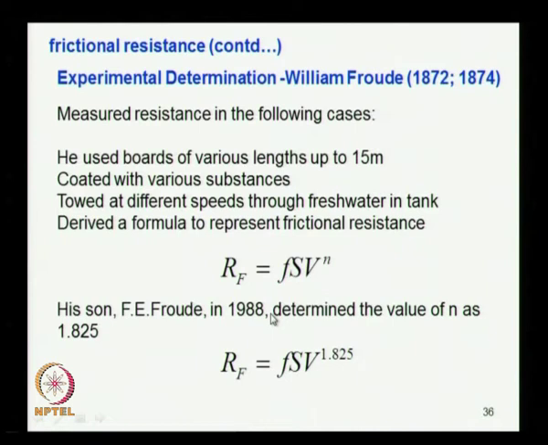Now, the experimental determination of frictional resistance. You can see that the experiments were carried out by William Froude, nearly 1.5 centuries ago. What he did is he towed plates of different sizes and different widths at different speeds in a towing tank and measured the tow force required.